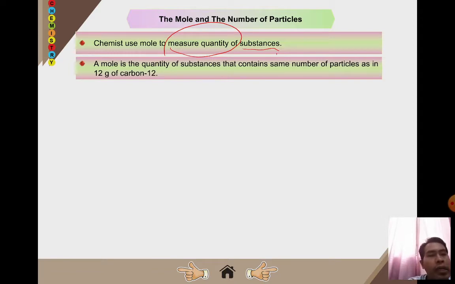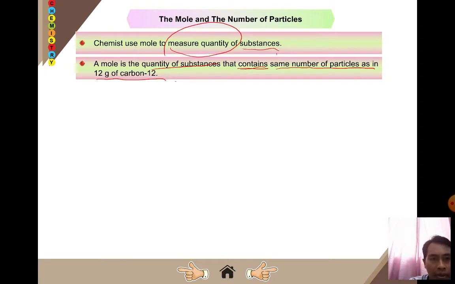Ini awak akan pening sikit nak faham. Mole ialah kuantiti sesuatu bahan yang mempunyai sama bilangan particles dalam 12 gram of carbon 12. Okay, cukup sekadar awak tahu mole ialah quantity of substance.